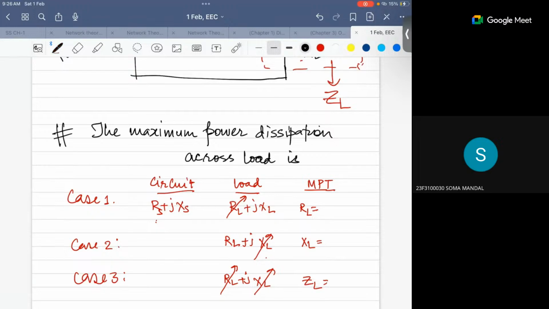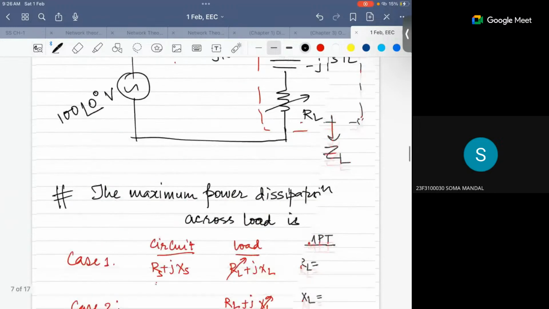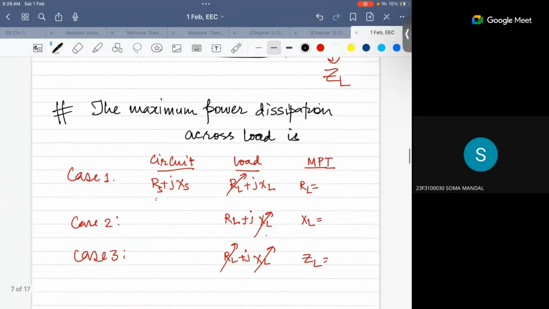What should be the value of RL? Is there any other possibility of any other cases?